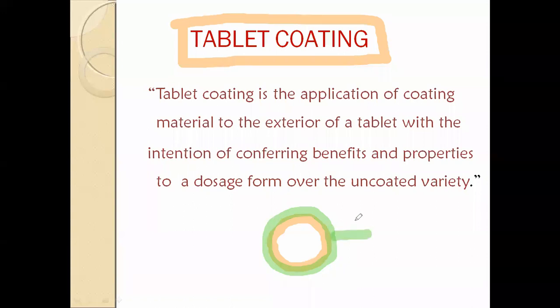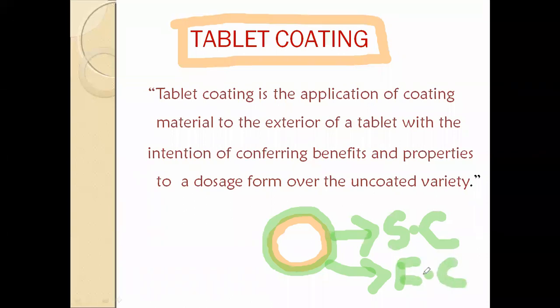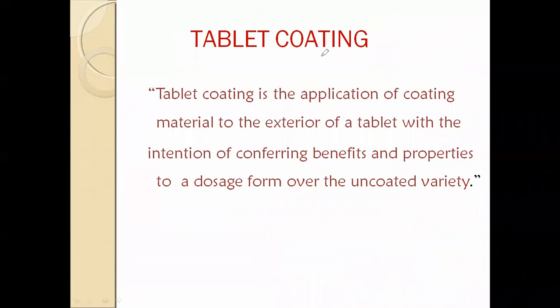Now this coating can be sugar coating, it can be film coating. So in the later part, we are going to study these whole processes of coating in detail. So let's first see the definition for tablet coating.